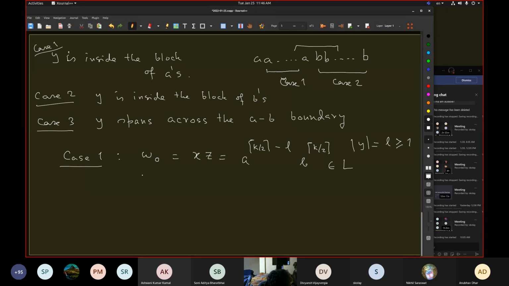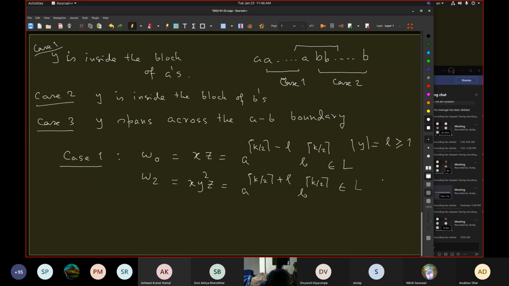You can also look at W2, which is X Y squared Z. This is A to the power ceiling of k by 2 plus L, B to the power ceiling of k by 2, and this is also in L. This is absurd, right? We started with A power n, B power n. These 2 counts must match. And now I have produced a string which is certainly not in L.